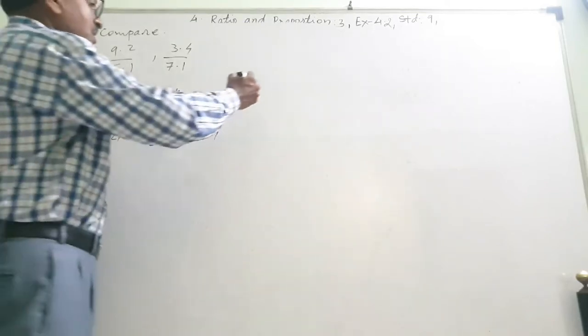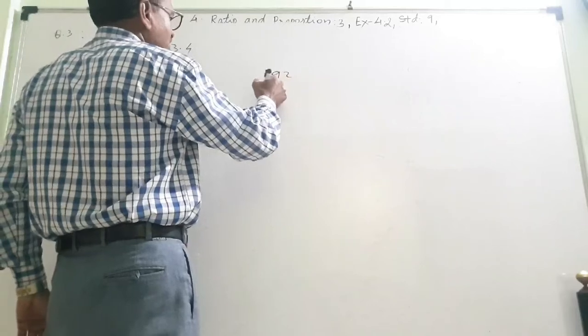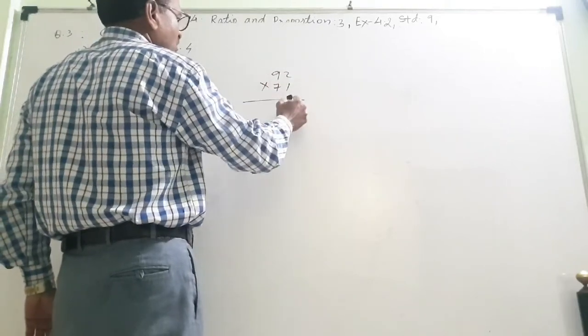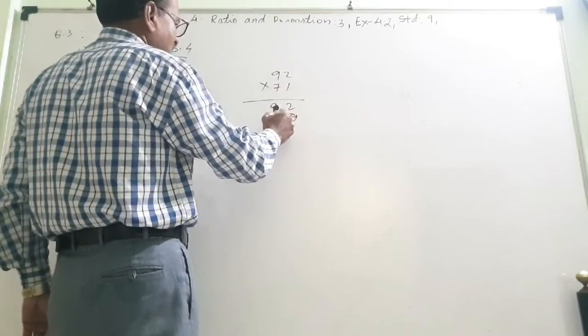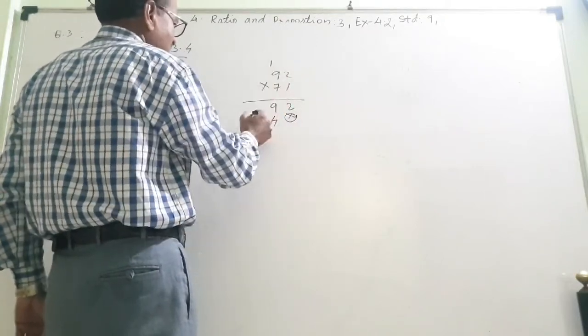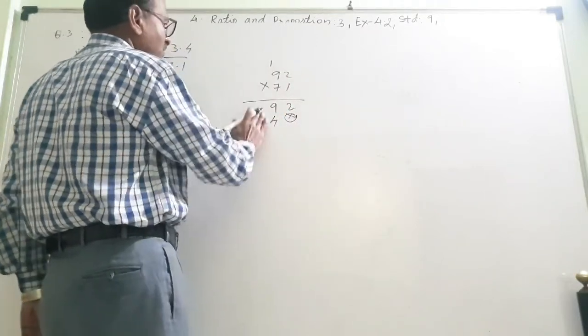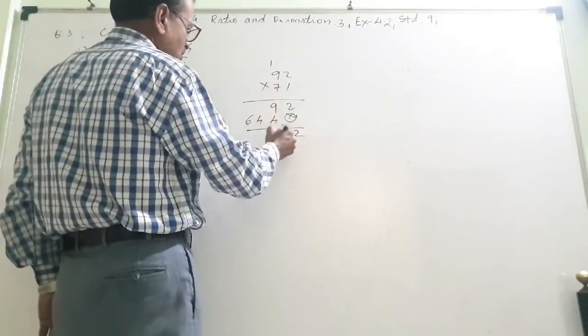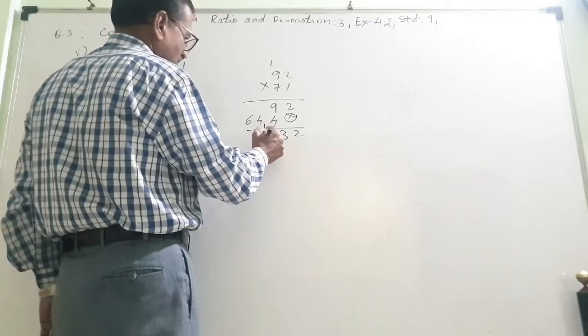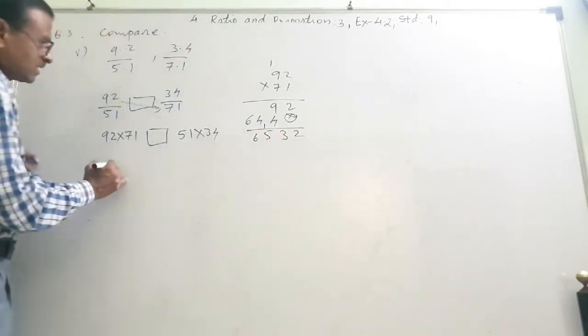I will do it. 92 into 71. 2 7s are 14, 9 7s are 63, 64. 9 7s are 63, and this one carries, 64. 2, 13, 5, 6. So this is 6532.